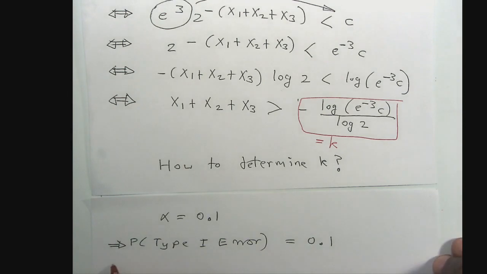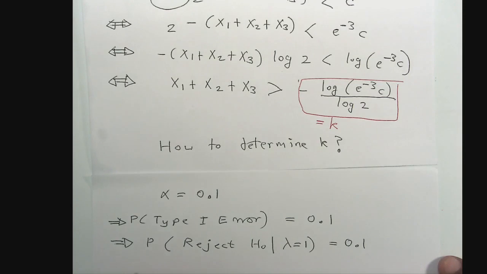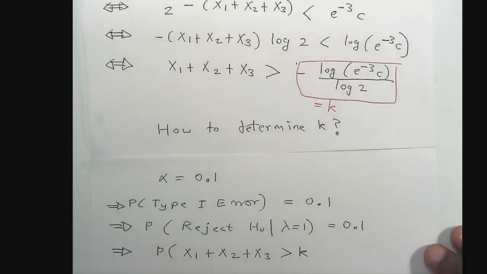Which is the probability that you reject H0 when H0 is true, which is lambda equal to 1, equal to 0.1. So under the Neyman-Pearson lemma, we just saw that rejecting H0 amounts to this, given that lambda equal to 1, is 0.1.